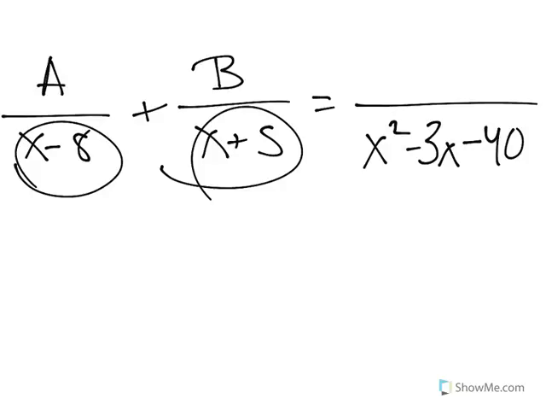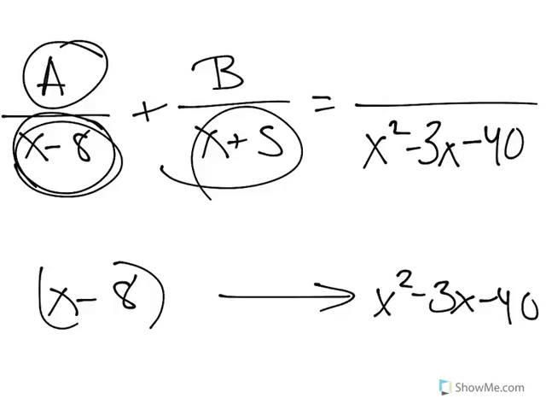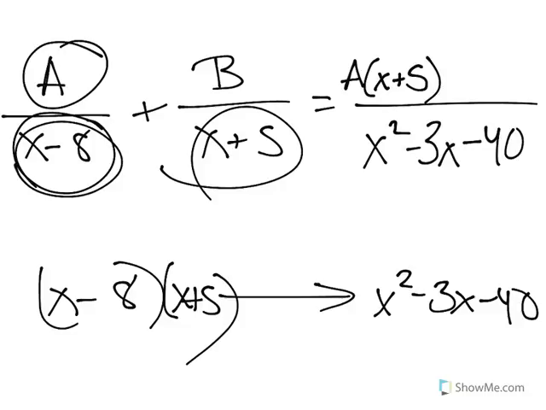But as you might recall, we must multiply a by whatever we had to multiply its denominator by. So to turn x minus 8 into x squared minus 3x minus 40, we had to multiply by x plus 5. So we must multiply a by the same thing, so a times x plus 5.